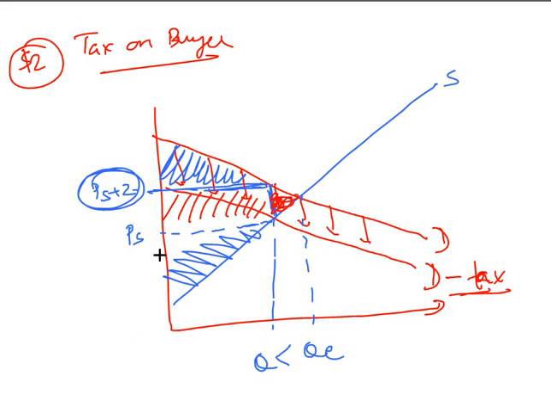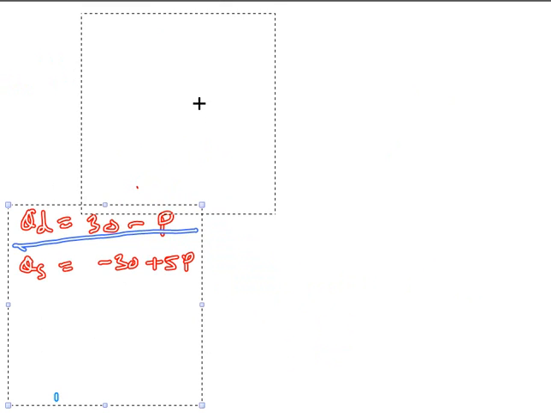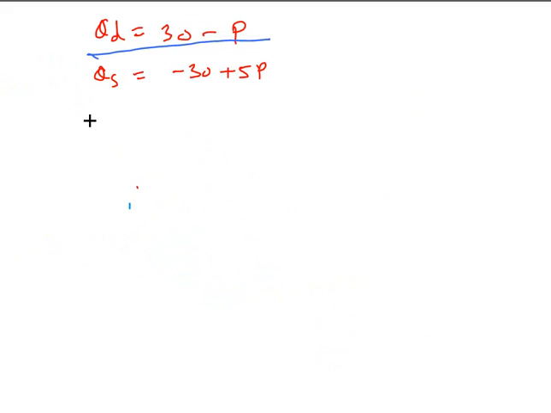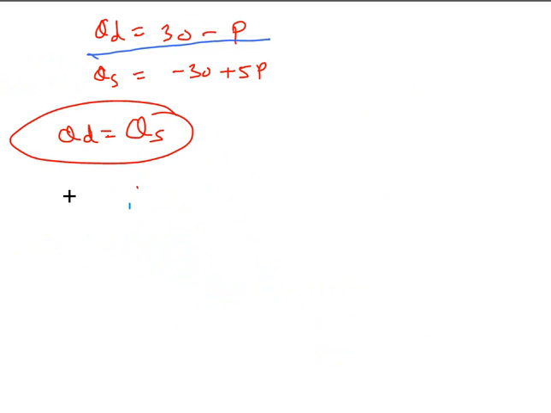So here, this is the equilibrium. The government takes this much money from the buyer and this much money from the supplier, right? And the same analogy we can get. Let us see. We have the same equation over here. Note that again the quantity demanded will be equal to the quantity supplied, right?